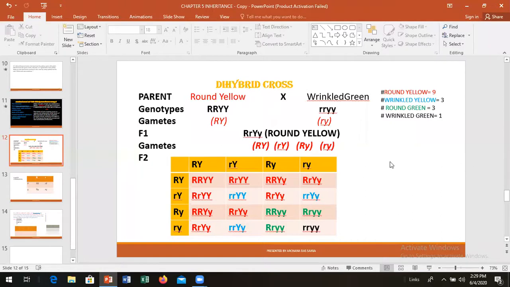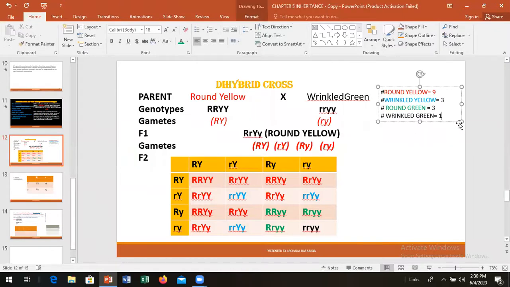Do you see anywhere here wrinkled yellow? It was never there in one parent or the second parent. Even this one, which I've marked in blue and green, was not existing earlier. It has come out as a new combination. We call this recombination. Wrinkled green was existing in the parent. So round yellow and wrinkled green we call parental combinations, whereas wrinkled yellow and round green are recombinations or new combinations.